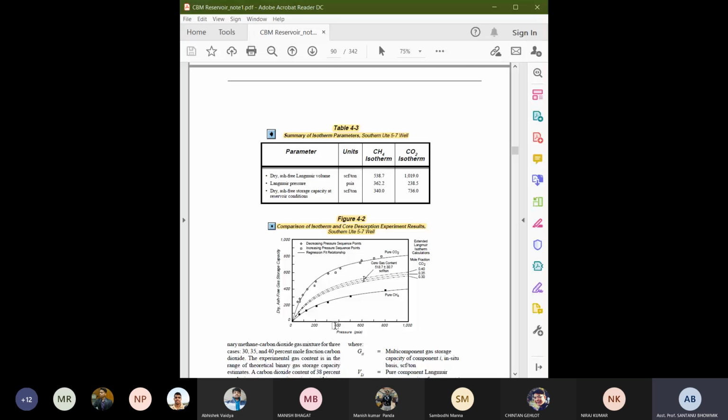Cumulative means the total gas production. Whereas you already know that the pore volumes are fixed for any type of porous rock like coal, so with different stages of gas injection or different stages of desorption, the total amount of gas that can be stored is going to be reduced.